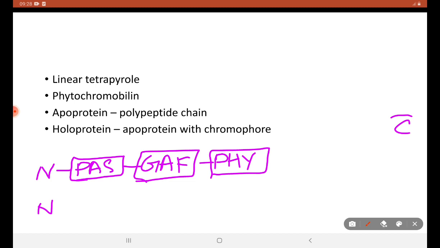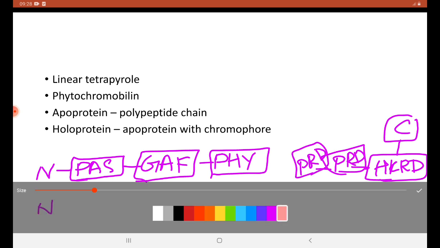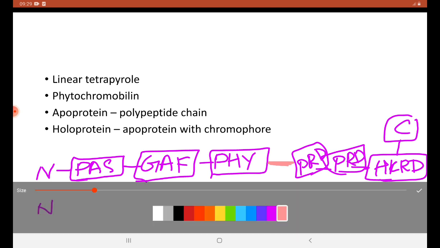At the C-terminal end, we have HKRD domain. It is connected with PRD and PRD. These two regions are connected with hinge region. We have a dimer, two chains.